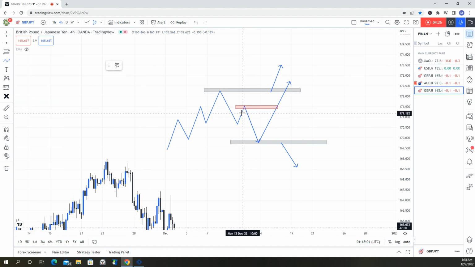You would wait for a break, then a retest of this level, and obviously you're going to buy. Once you buy, with your stop and your take profit somewhere here, the price will hit my level, which is a very strong resistance level, and start going down.